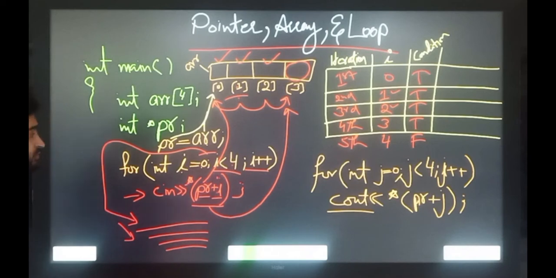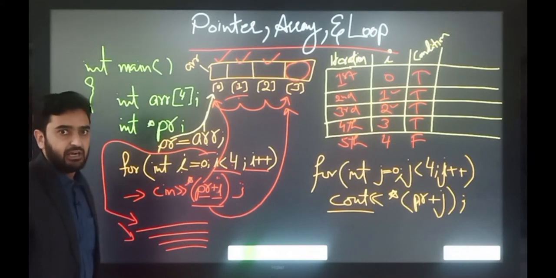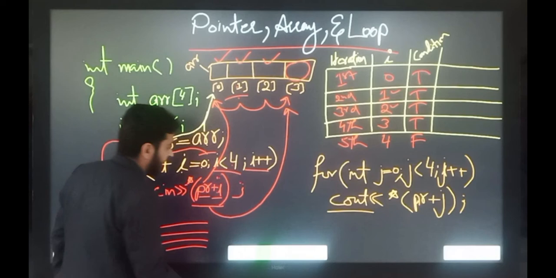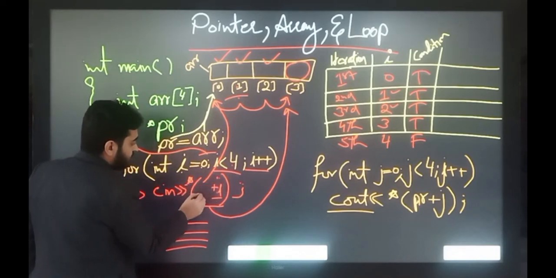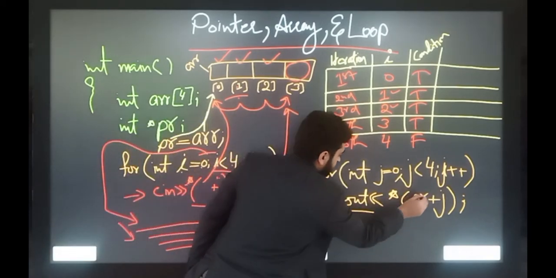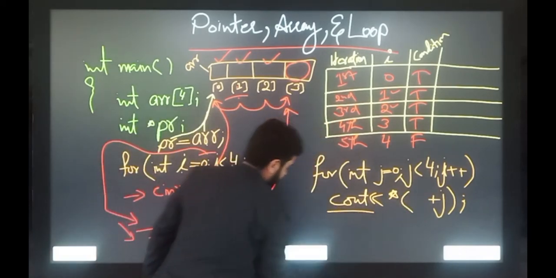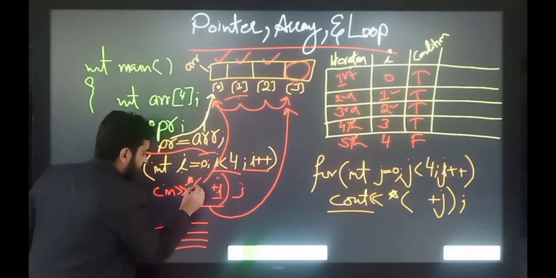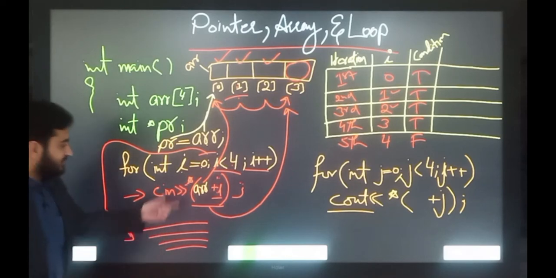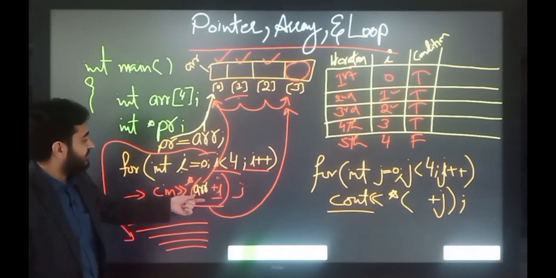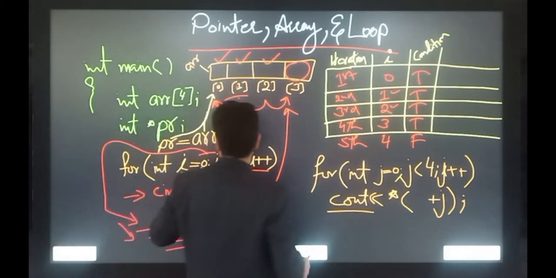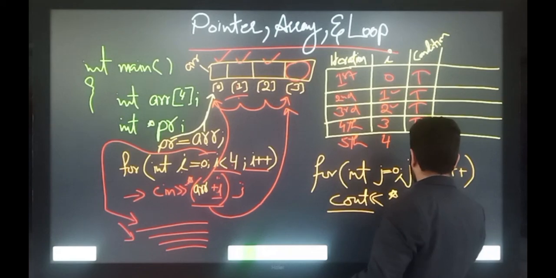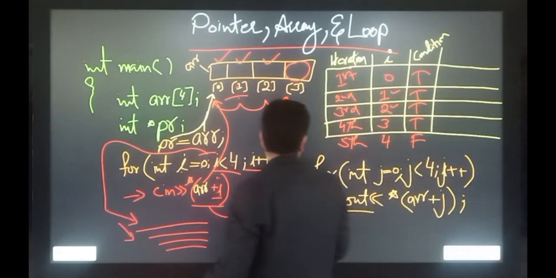Okay, we can also use the name of the array. For example, because the name of the array also acts like a pointer, we can also use the name of the array. Just write down ARR. So this concept is similar to the one where we have written PR, the name of the pointer, and you can also write PARR here.